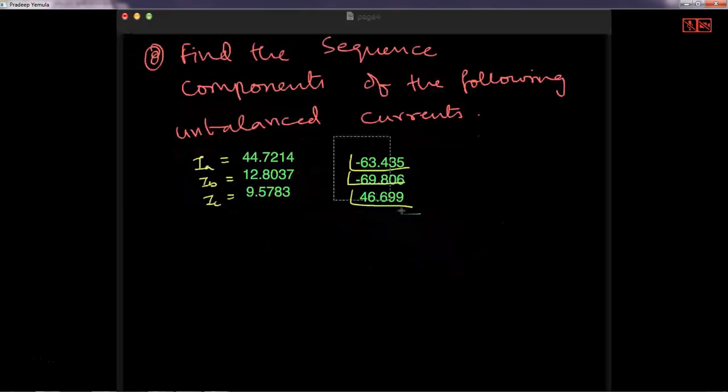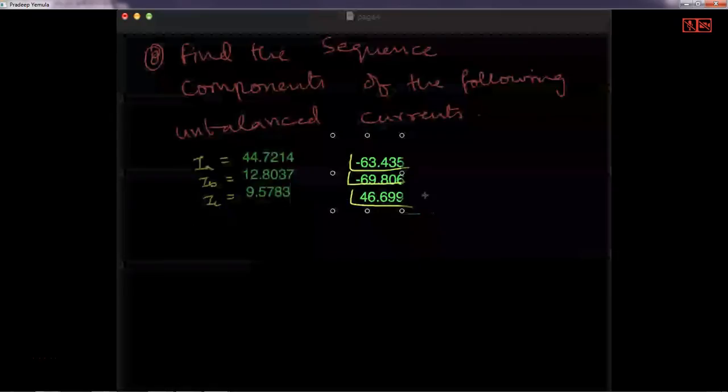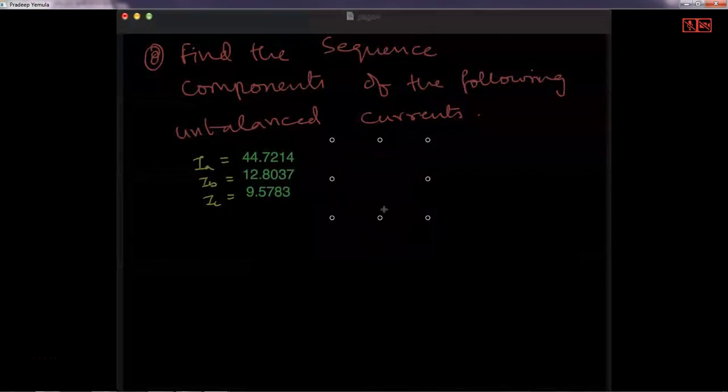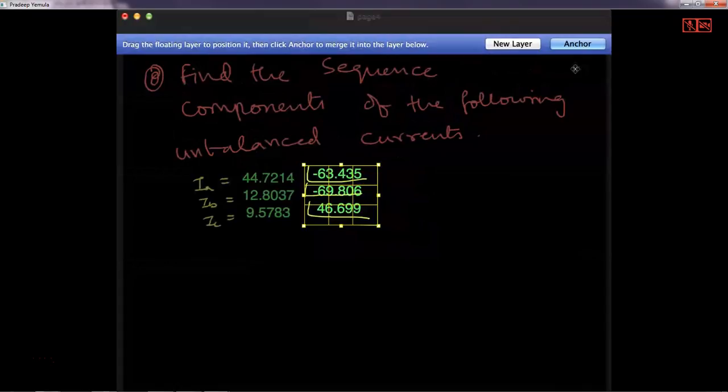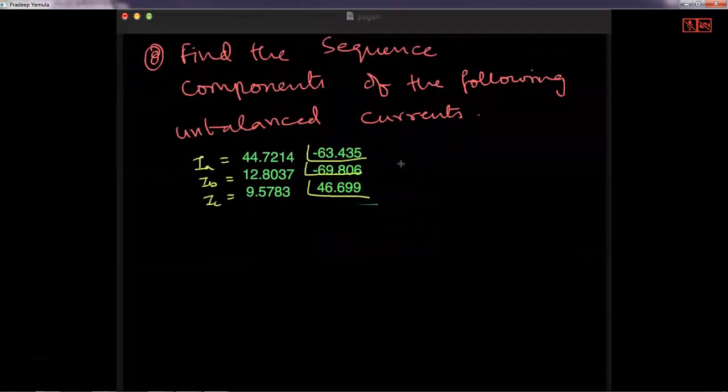So now the question is, find the sequence components. These are all currents in amperes. So find the components.